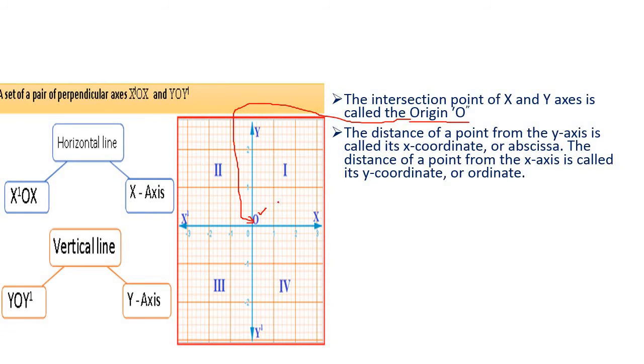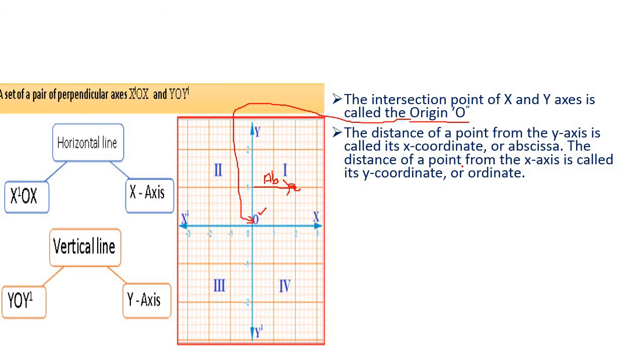In this point, the perpendicular distance from the y-axis is called the x-coordinate or abscissa. So here it is the abscissa.